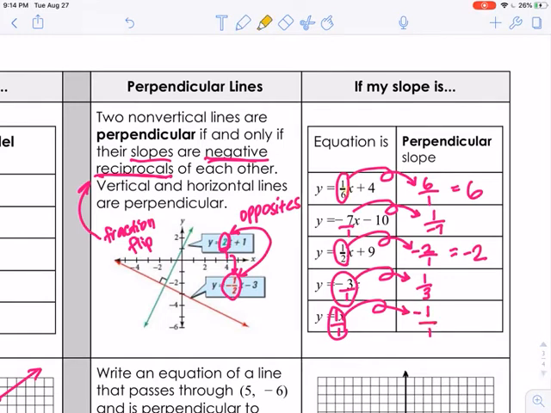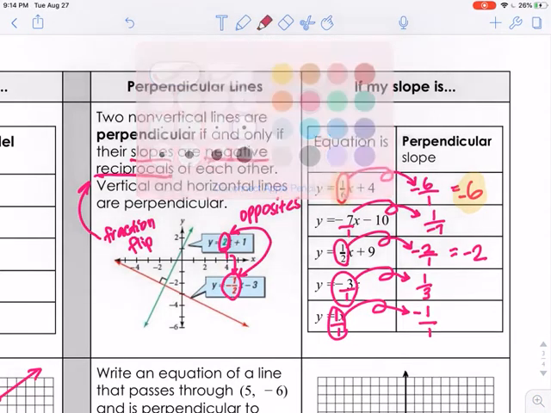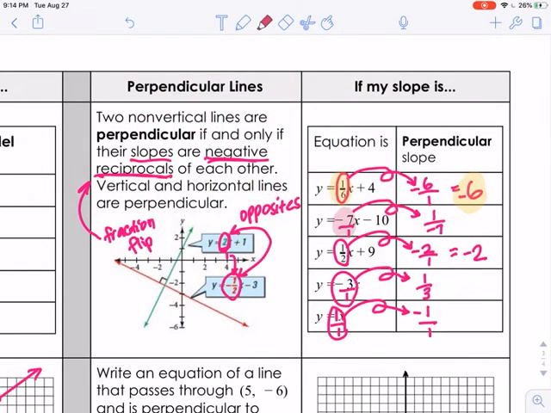So if we started as a positive, we should be turning into a negative. Whoa, better fix my mistake up here. Go ahead and fix that mistake for this one. It should be negative 6. And then if I started out negative, I should see that I have a positive answer here. Let's go ahead and update this. This should be positive 7 because I had a negative 7 here.